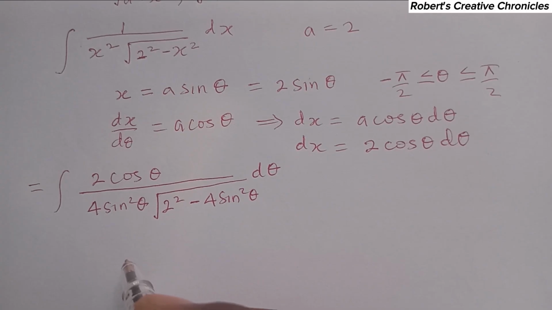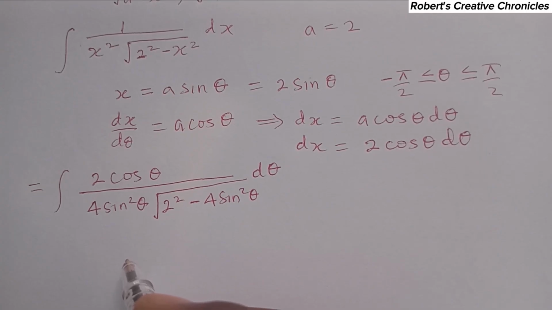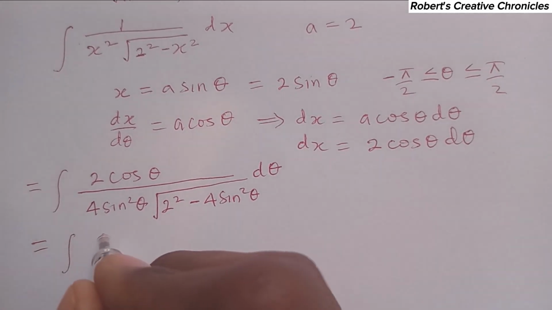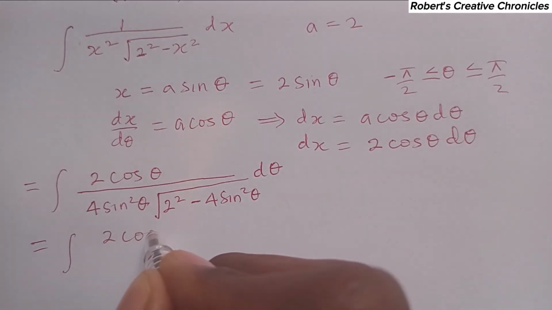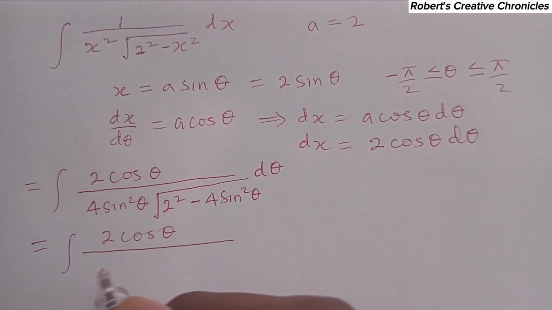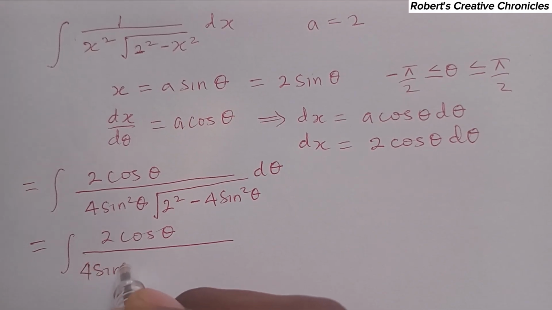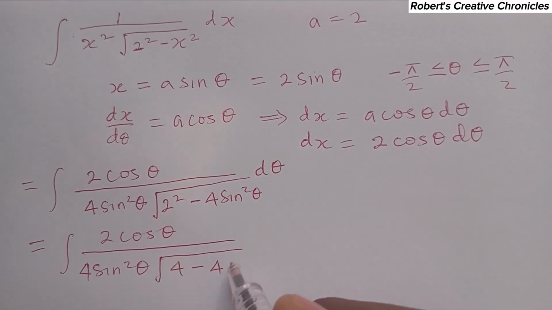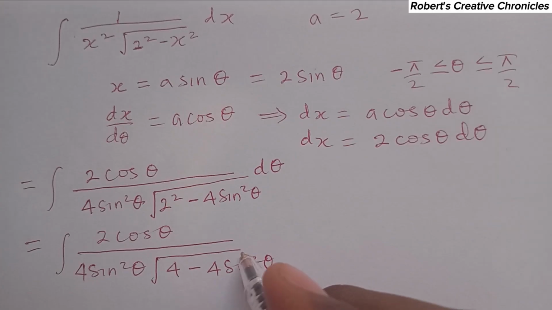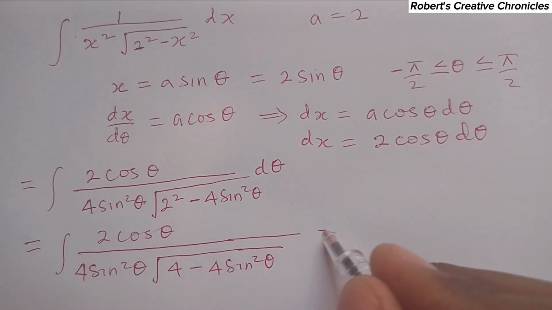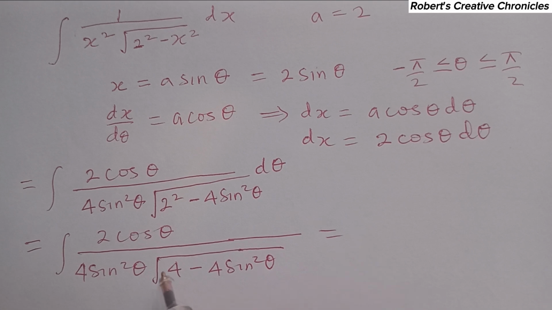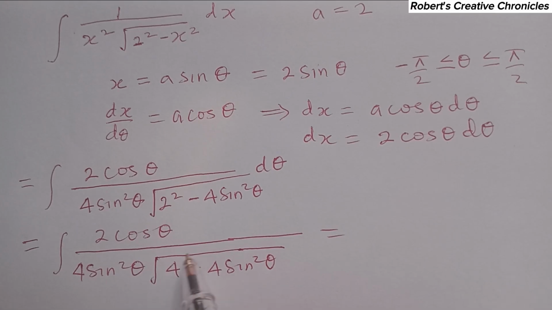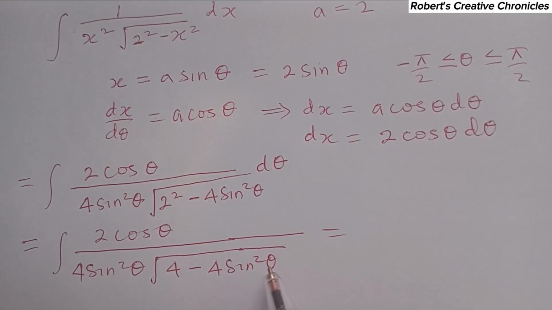We'll further simplify this. This becomes the integral of 2 cos theta over 4 sine squared theta, times root of 4 minus 4 sine squared theta. We can factorize 4 here, so it will be root of 4 times root of 1 minus sine squared theta.